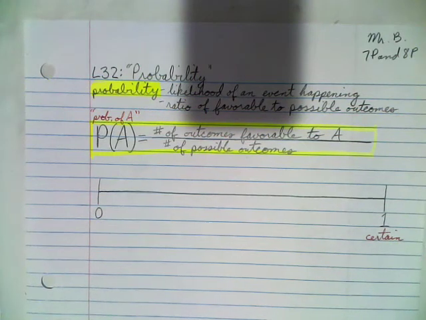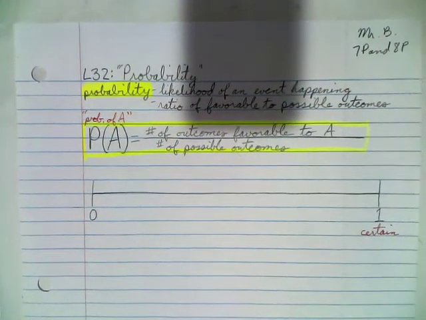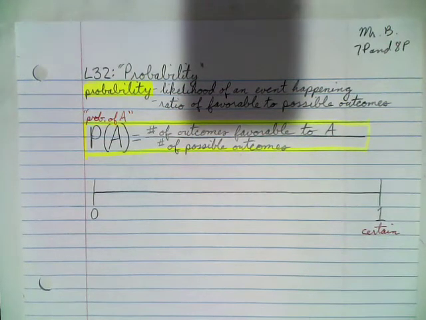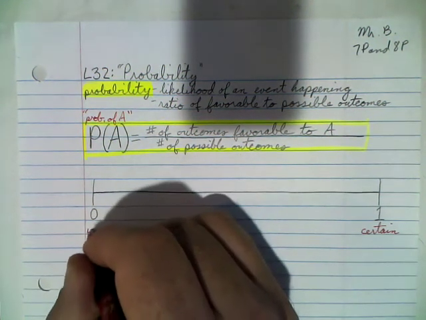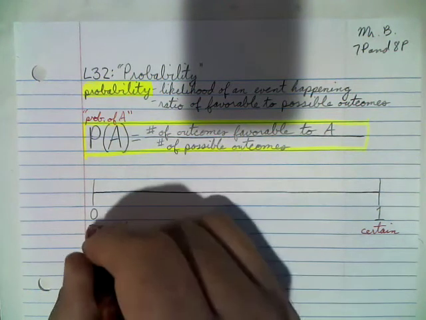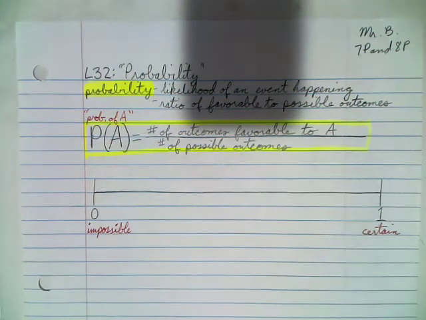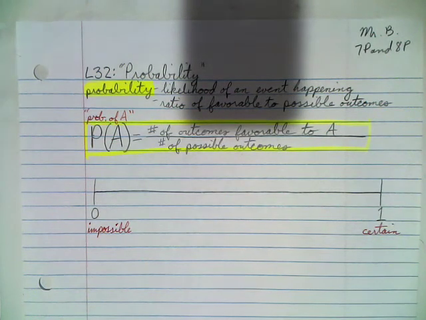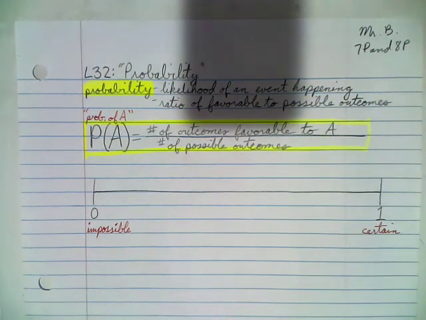So the smallest probability we can possibly have is 0. And if nothing is favorable, nothing is going to match what we're looking for, then the likelihood that this event will happen, we could say that it is impossible. The probability of 0 means that that event is impossible. It cannot happen.